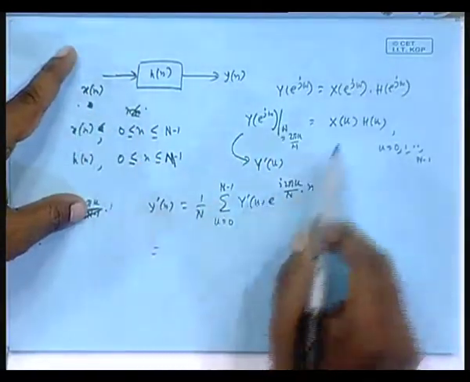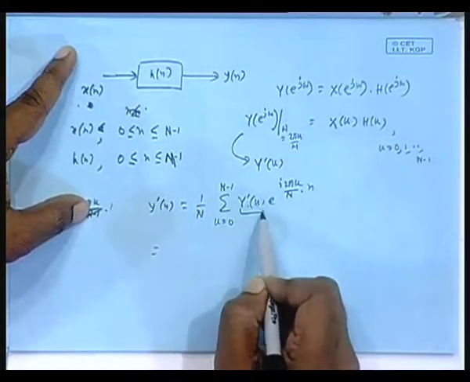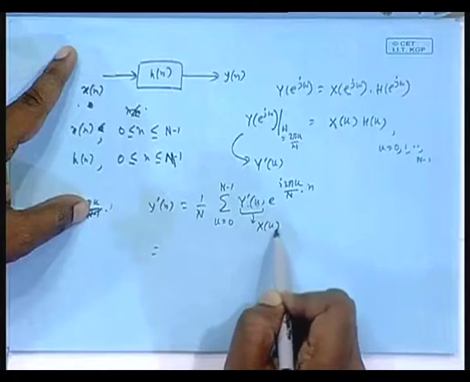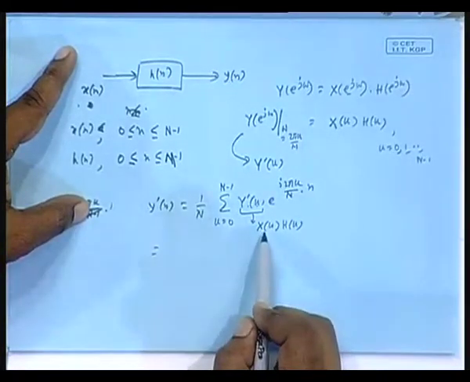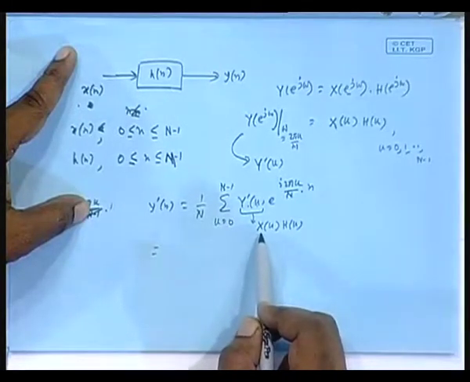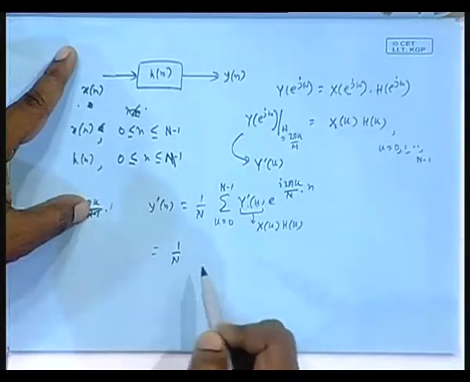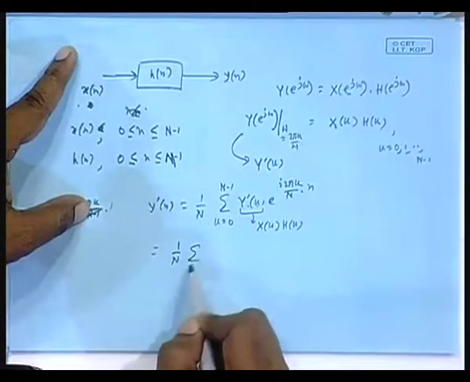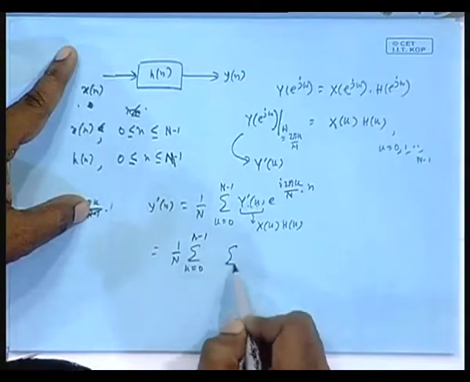So y prime k, next step is you replace by these two. Simply put this equal to X[k] into H[k], and next step will be replace X[k] by its formula of DFT, H[k] by its formula. What is the formula? The DFT sample, DTFT sample. I might go fast here actually, because by now you should be familiar with what I am doing.